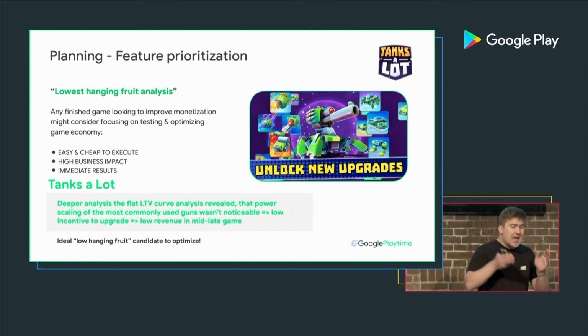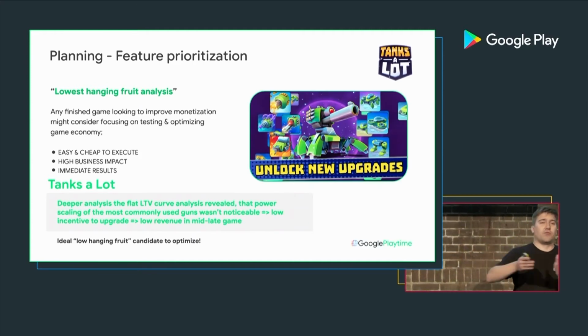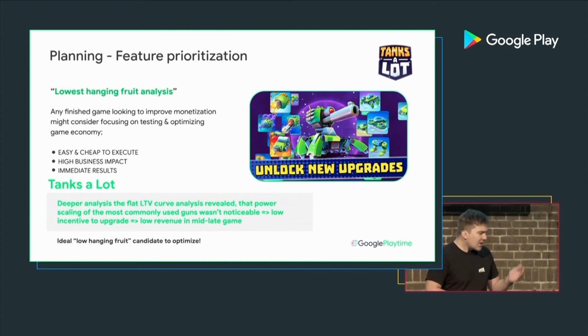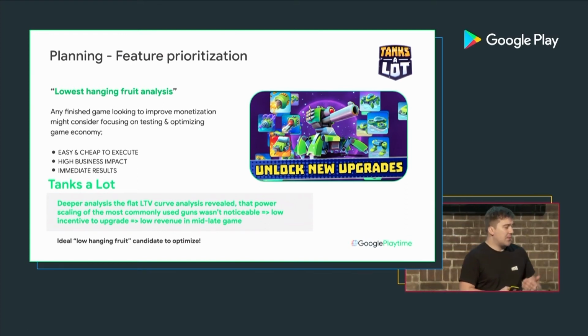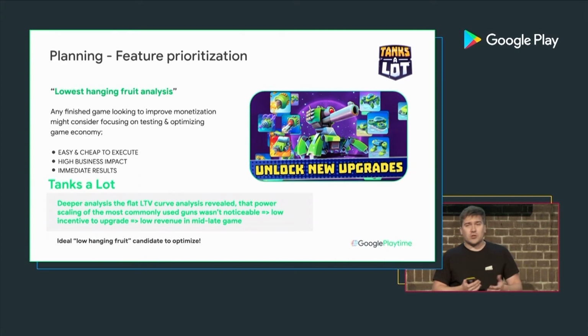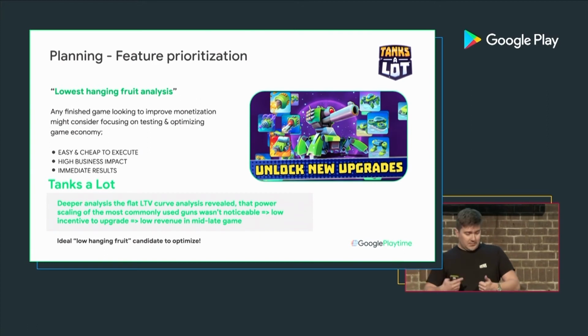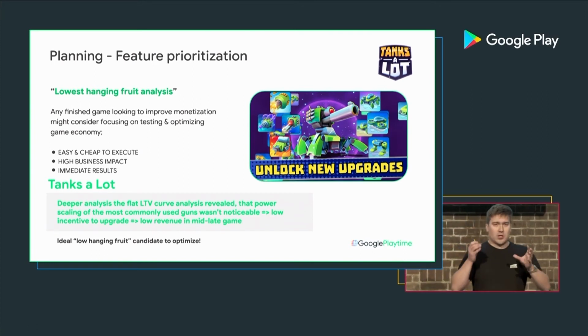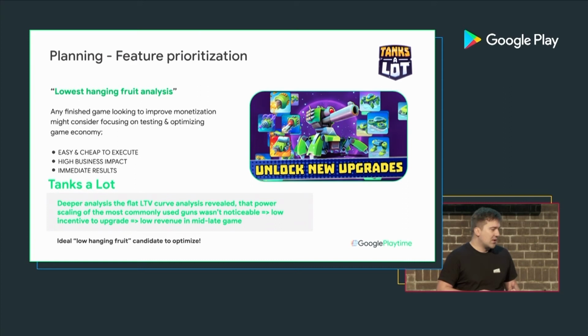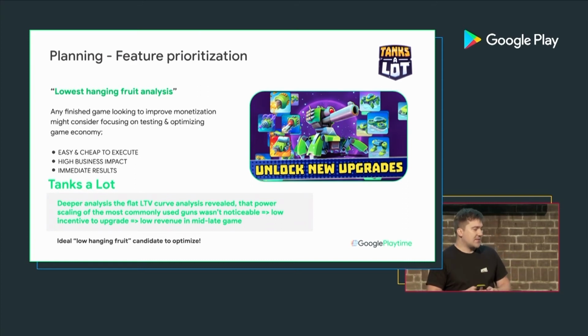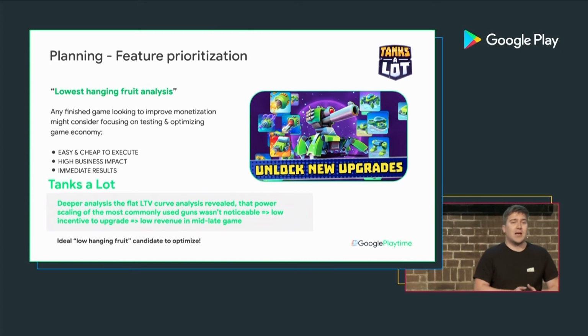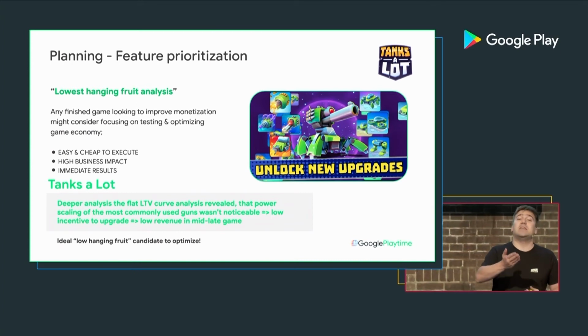So diving deeper into this segment of flattened LTV curve. In case of Tanks a Lot, as I mentioned, it's a brawler, 3v3 tanks battling each other, having guns and turrets. We noticed that the power level of upgrading guns is probably not significant enough.